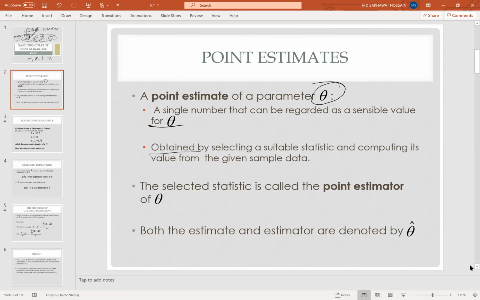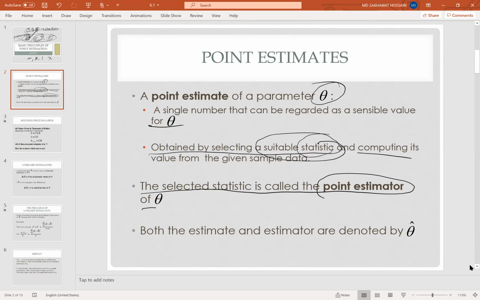This is obtained by selecting a suitable statistic. From the given sample data, we'll compute the value of this statistic, and based on it we'll make inference about the parameter theta. The selected statistic is called the point estimator of theta.